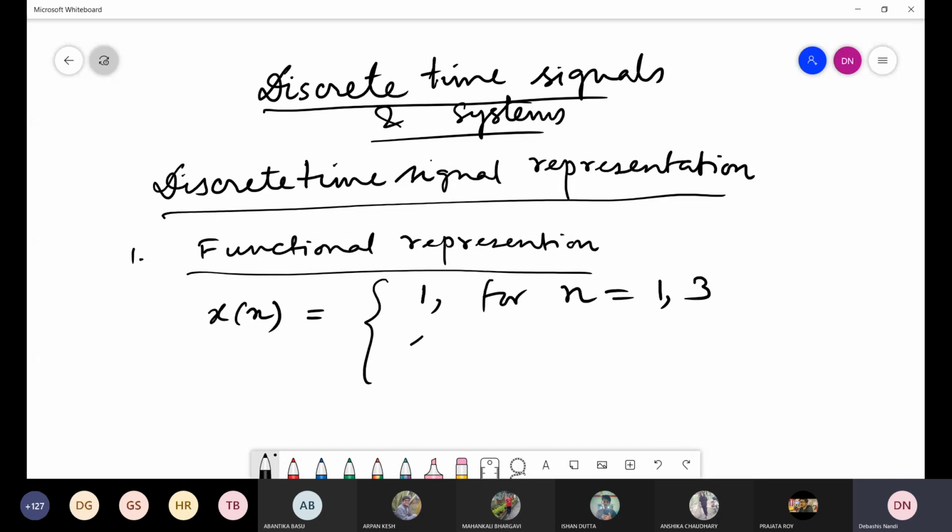Suppose this is equal to 4 for n equal to, for example, 2. And suppose this is equal to 0 otherwise. So this is functional representation.